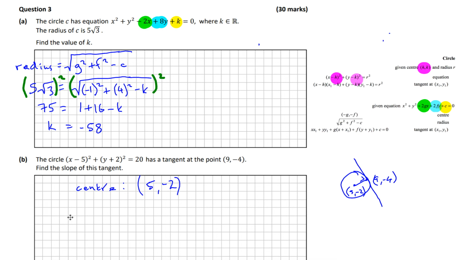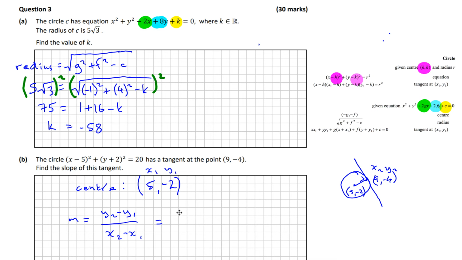So I'm going to use the slope formula from the tables book. And the slope formula is y2 minus y1 over x2 minus x1. So I'm going to call this point here x1, y1, and this point here x2, y2.